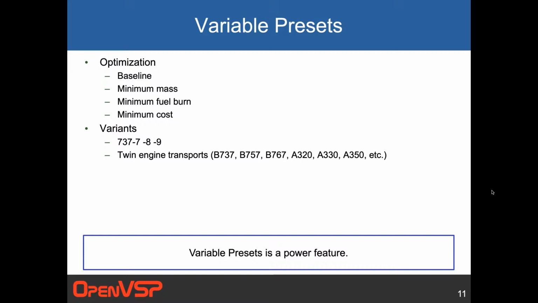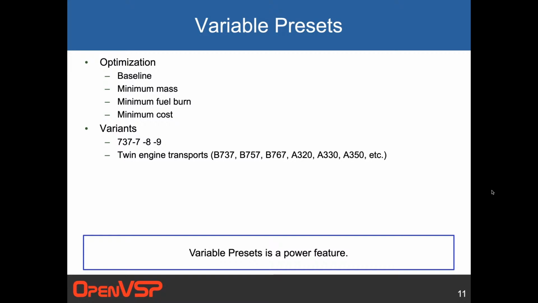You can also use it for a family of airplanes. And depending on how detailed your model is and how simple it is or how you set it up, you could just do a variance of a family like a 737-7, -8, and -9 and have one model that represents each of those.